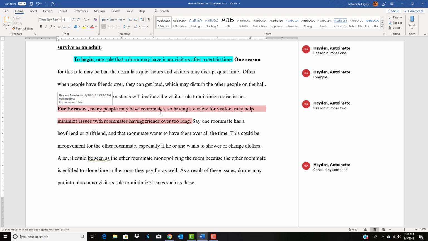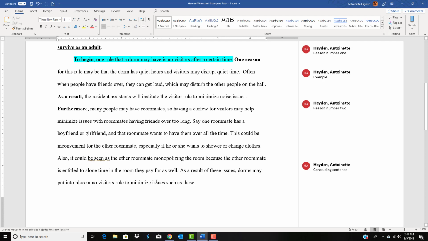Many people have roommates, so having a curfew for visitors may help minimize issues with roommates having friends over too long. Say one roommate has a boyfriend or girlfriend, and that roommate wants to have them over all the time. This could be inconvenient for the other roommate, especially if he or she wants to shower or change clothes.